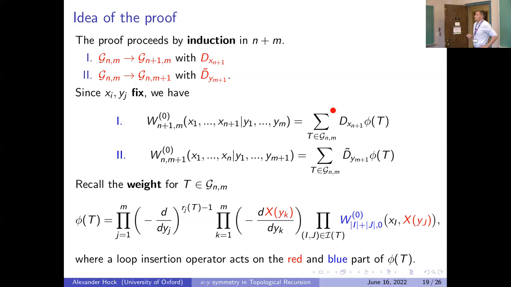So we act with this loop insertion operator on this weight, where the weight was defined in this way. So it either acts on capital X of y_k, or it acts on the W, or it acts here with a derivative on the W, but then afterwards on this capital X. So it acts on the red and on the blue part.